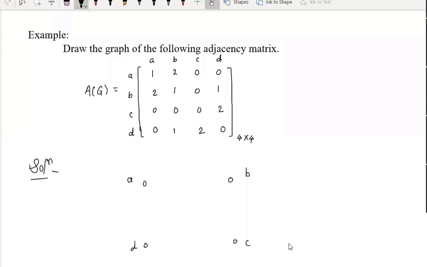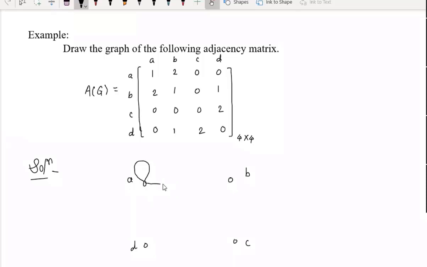Okay. Now A to A. What is the entry between A to A? 1. Loop. That means there will be one edge between A to A, a self loop at vertex A. Okay. Then A to B. How many edges are there between A to B? 2. 2 edges are there between A to B. So between A to B you have to draw 2 edges.